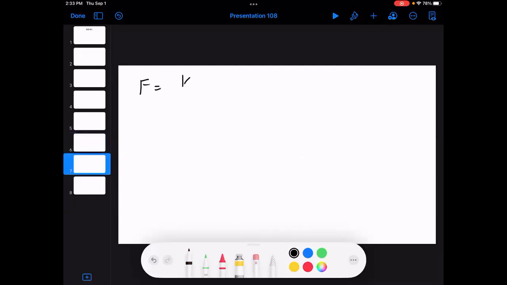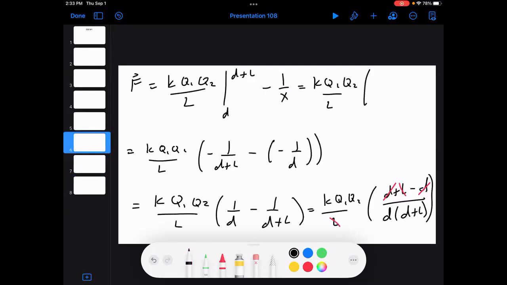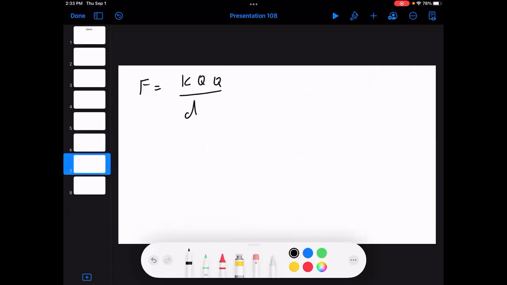Force equals K Q1 Q2 over D times D plus L, and in the positive or negative x direction, depending on what the charges of these things are, which I'm still not positive about.